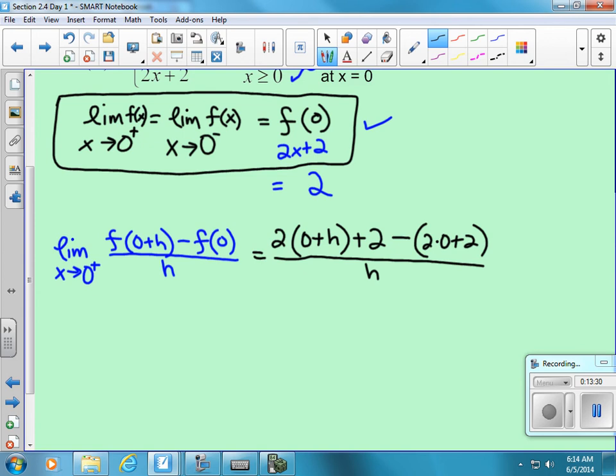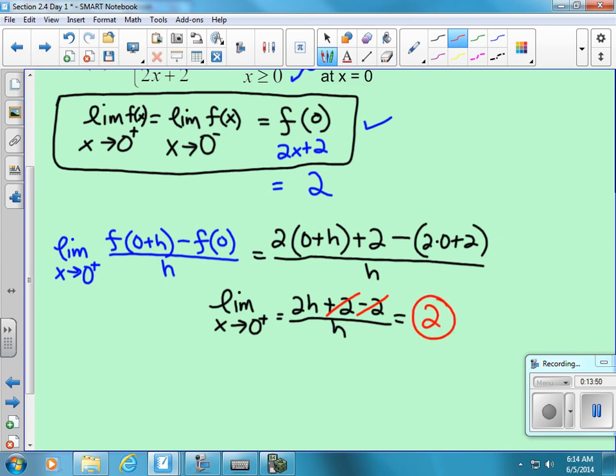All right, so this limit as x goes to 0 from the positive side equals 2 times h plus 2 minus 2. And therefore, we have 2h over h, right? Because the 2's cancel out. 2h over h is just equal to 2. That is our right-hand limit. Let's put that one in there. So far, we're good, huh?